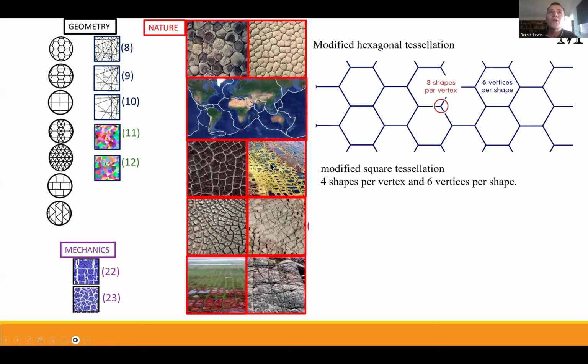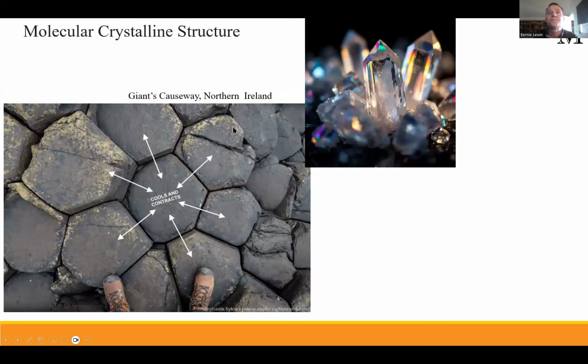And so if you work like this, you can see what's going on with cracking in the bottom of a dam during a drought, or tessellated shorelines, or looking at the global scale.